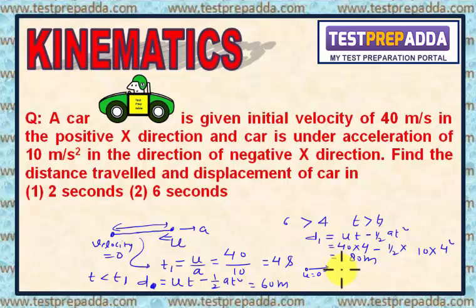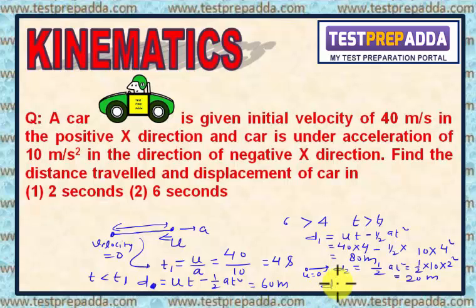So if I get d2, it will be half at square. How much time left? Total time of travel is 6 seconds. We have already taken 4, so 2 seconds left. So I'll write half, this as 10, and here I'll write 2 square. So this d2 comes as 20 meter.